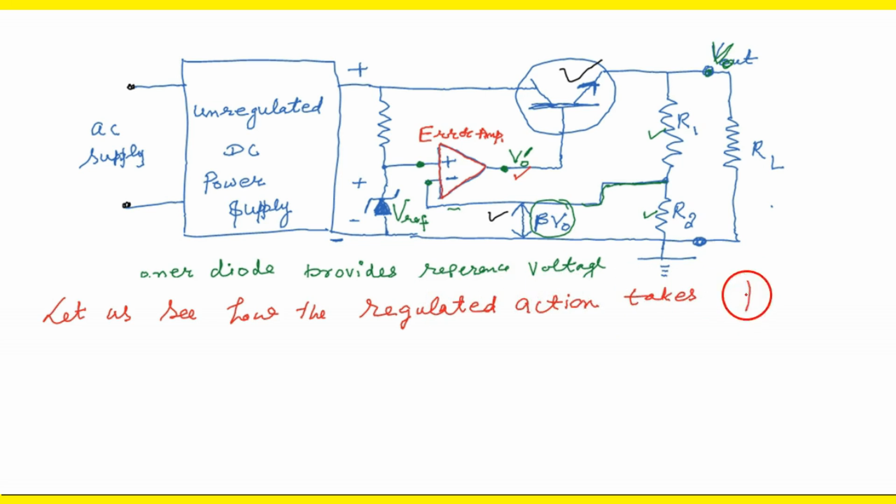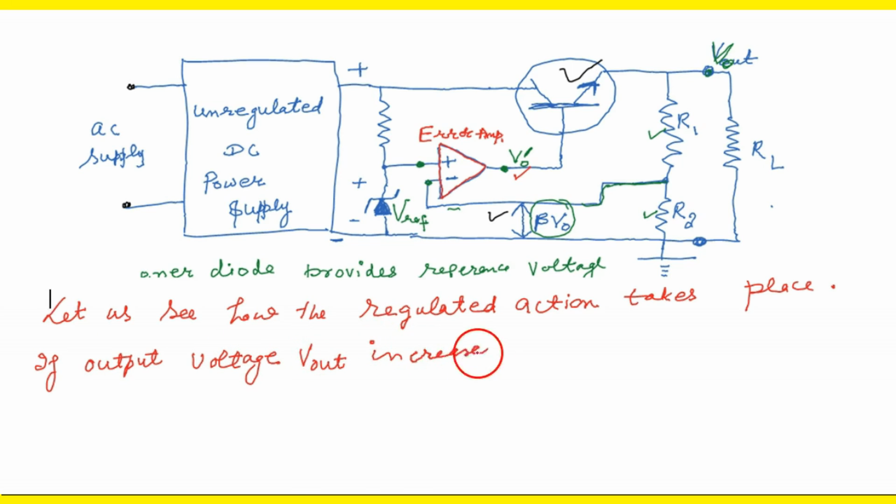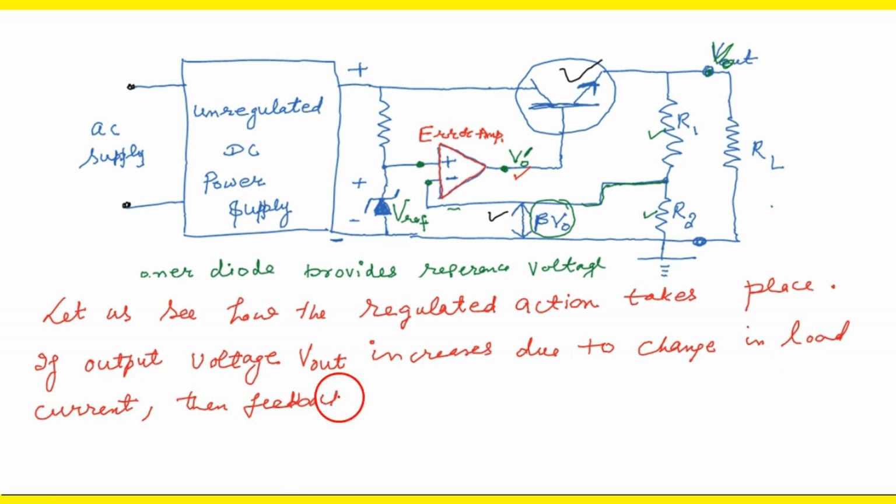Let us see how the regulated action takes place. If output voltage Vout increases due to change in the load current, if we change the load resistor RL, then let the output voltage increase.